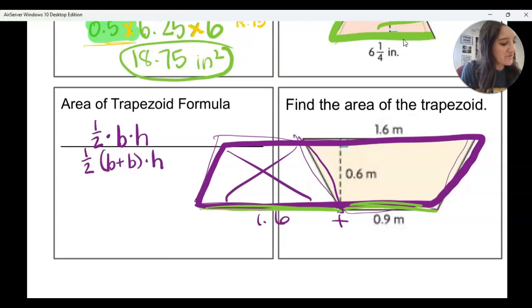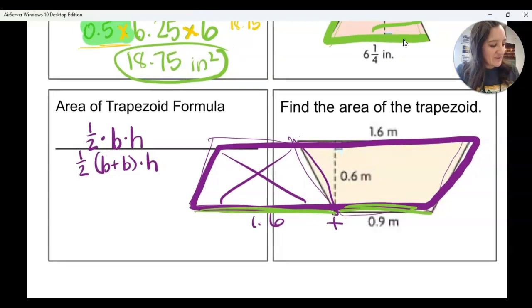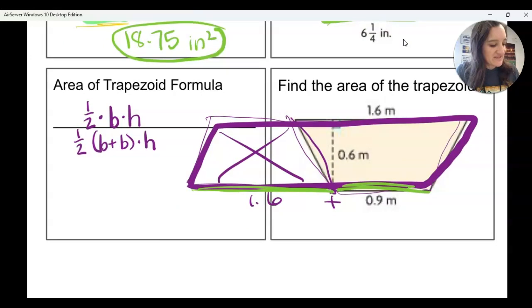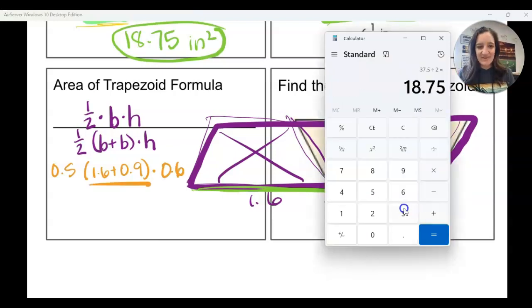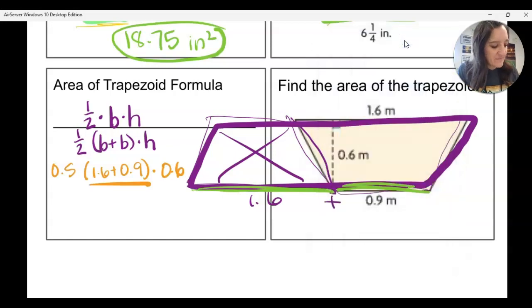Okay, so to plug this into my calculator, I'm going to go base plus base. So I'm going to write this as 0.5 times (1.6 plus 0.9) times 0.6. And I'm going to do that part of my calculator first because it's in parentheses. That's going to give me 1.6 plus 0.9, which is 2.5.